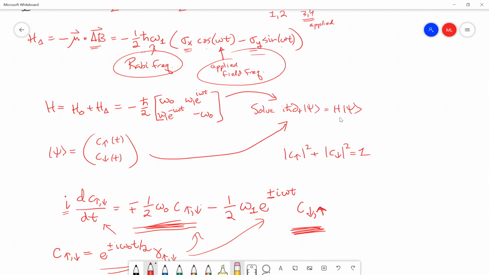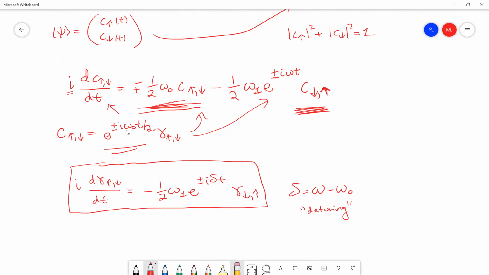And just solving the time-dependent Schrodinger equation with this Hamiltonian, we're using the spin up-down basis to get a differential equation for each of the coefficients here. And then we just changed variables, changed the coefficients by multiplying them by plus or minus i omega naught t over 2 to get rid of this term right here, which is the Larmor precession term.